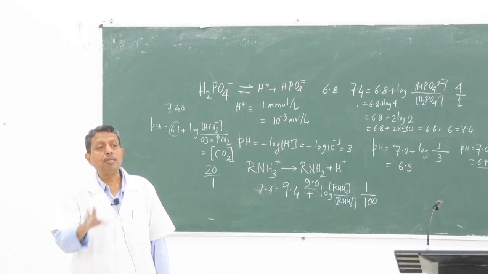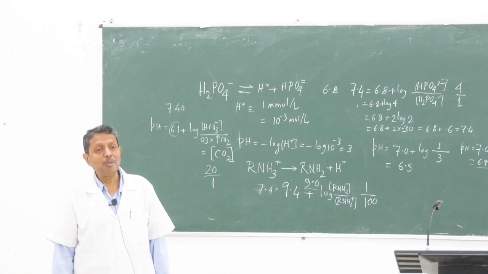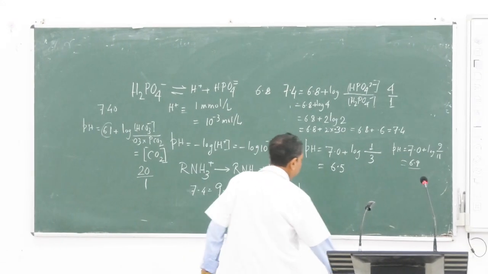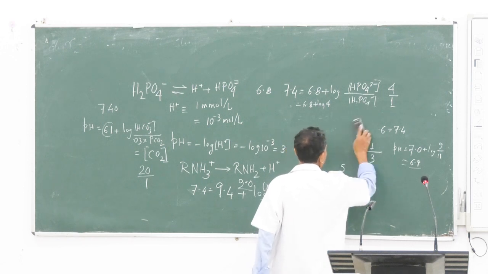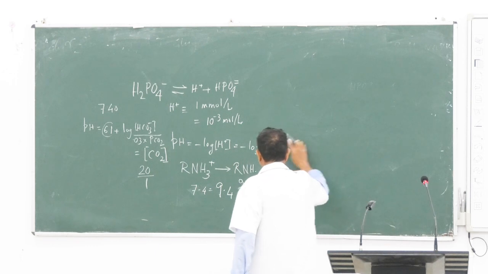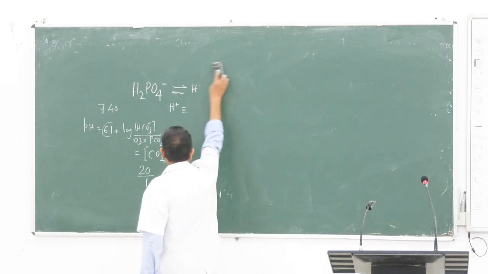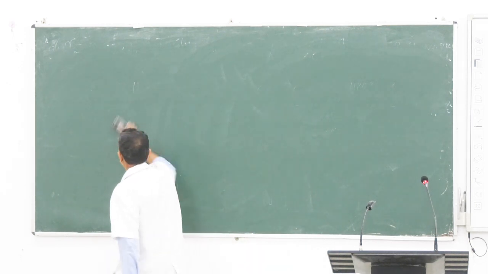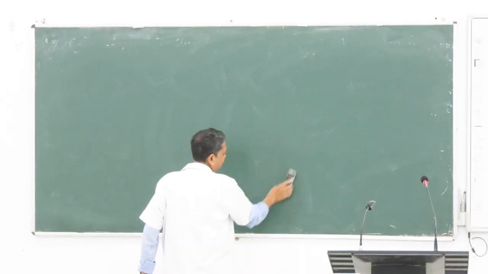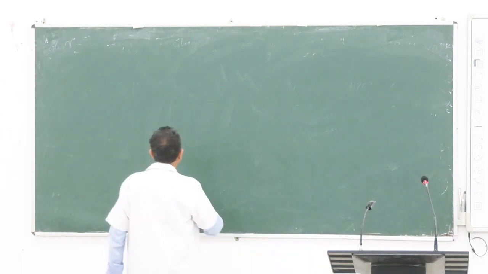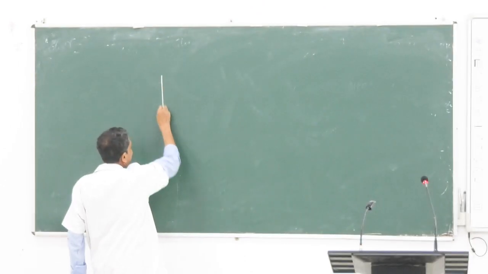And the titration curve of the hemoglobin buffer we will explain in a very easy way. In the text you will find this type of curve.